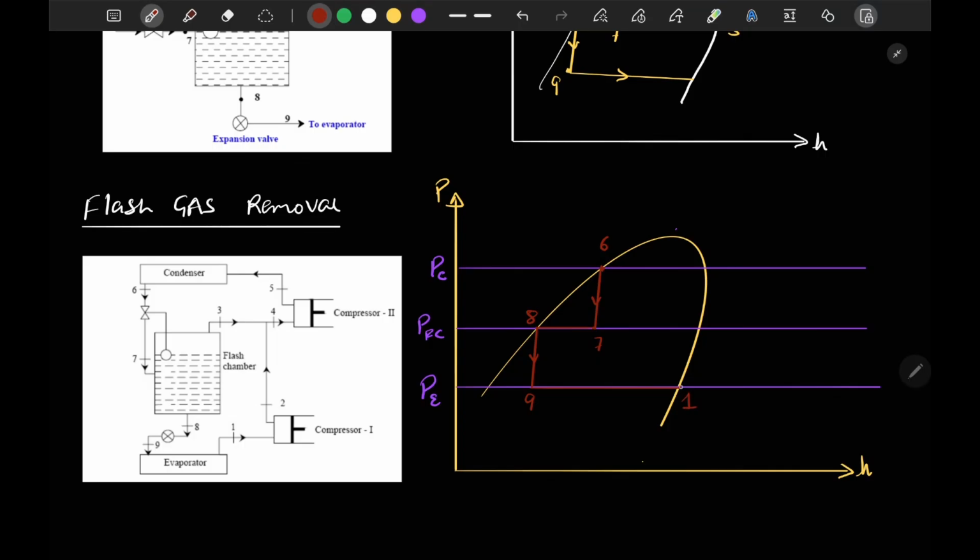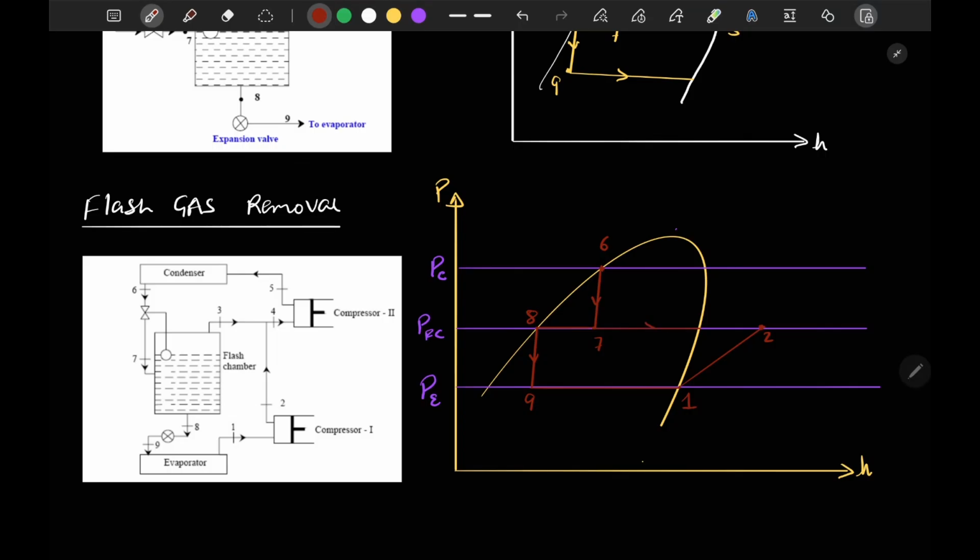From point 1 to point 2 is the work of compressor 1. The exit of compressor 1 is at 2. From 2 it moves to the inlet of compressor 2, so points 2 and 3 meet to make point 4.